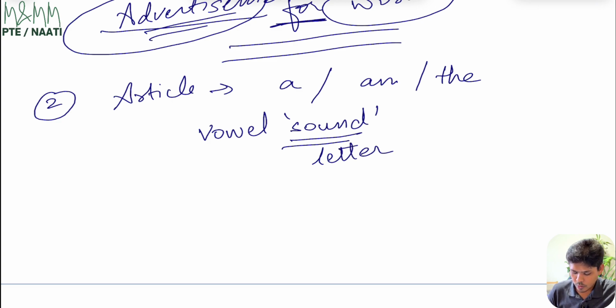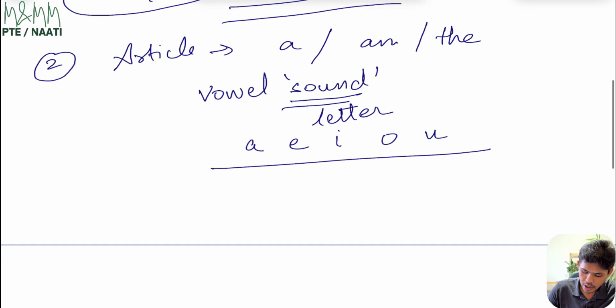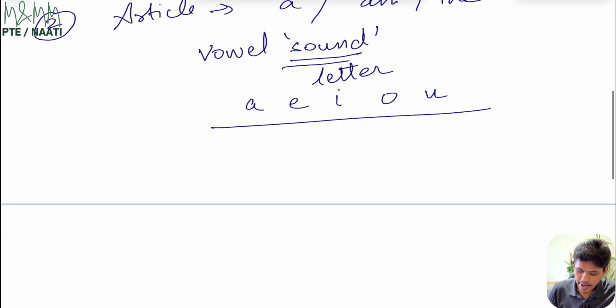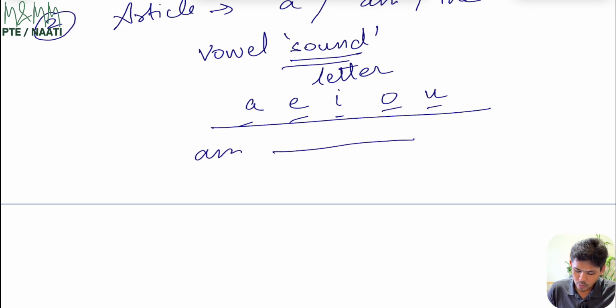A lot of times, if we see A, E, I, O, U, the 5 vowels in the English language, we think that just because a word starts with one of these letters, it has to be "an".